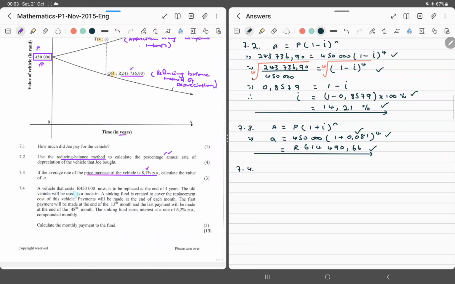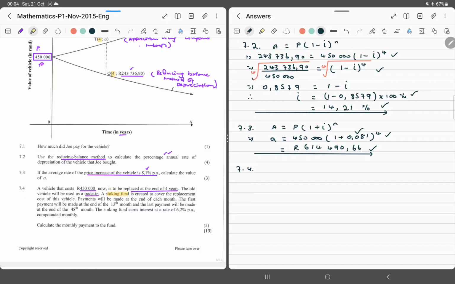Now a vehicle that costs 450,000 rands, that is the one Joe has, it costs that amount now, is replaced at the end of 4 years. Can you see, same time period? Now the old vehicle will be used as a trade-in. Okay, that means it pays a portion of this, or is a deposit.